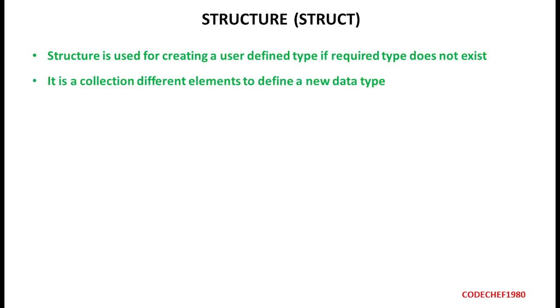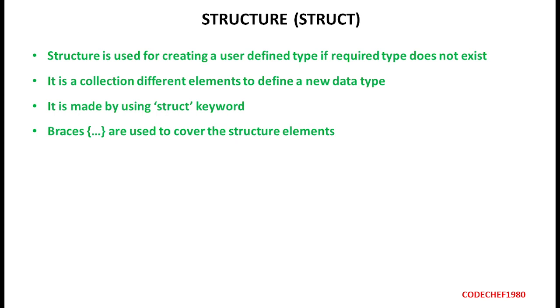As I said, a structure is a collection of different elements to define a new data type. Then how can it be made? We can use the keyword struct, as we discussed in our C programming language playlist. The same keyword is used here, and you can find the same kind of syntax.